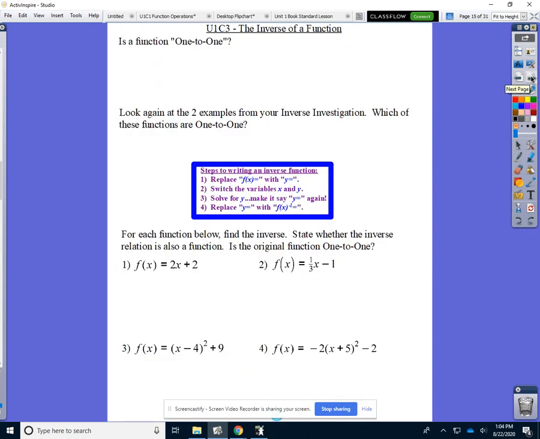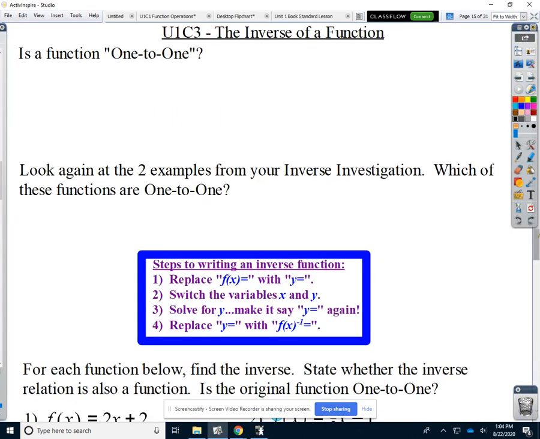Okay, the last thing that we're going to do is, you could skip the top of that page. We just answered those questions. So here are the steps to writing an inverse function. They're the same as what I wrote before, except at the top I wrote replace f of x equals with y equals.